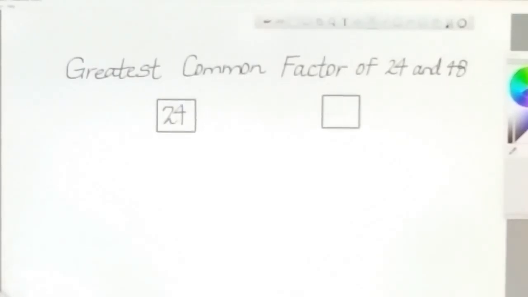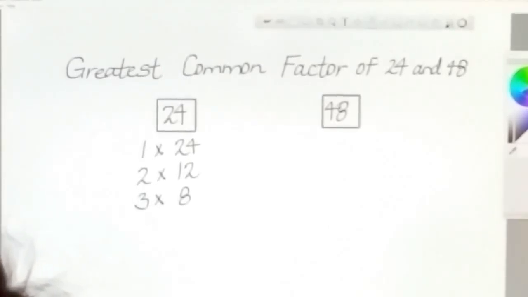So 24, 48, and then I'll start listing the factors of those. 1 times 24 makes 24. 2 times 12 makes 24. 3 times 8 makes 24. 4 times 6 makes 24. 5 does not go, and then 6, we would start back with 6 times 4, so I can stop right there.